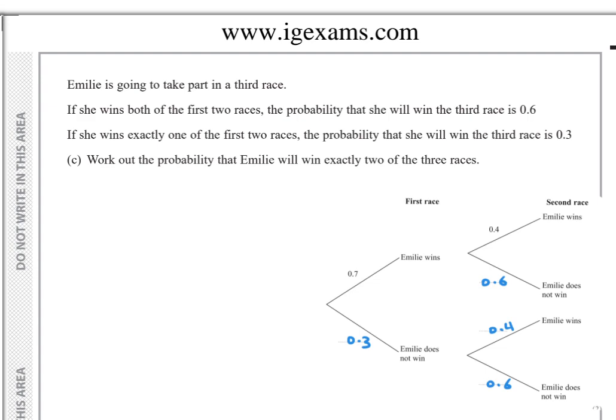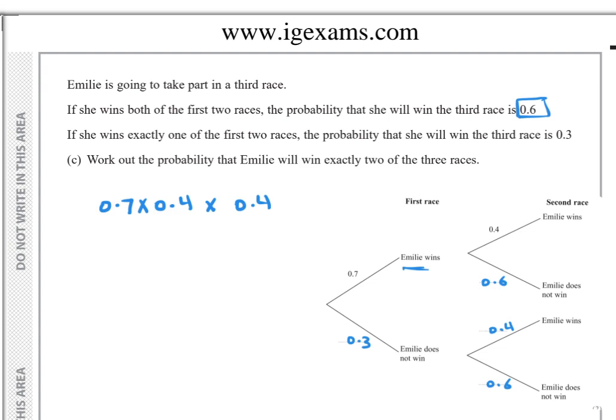To win exactly 2, the first case: wins the first and the second but doesn't win the 3rd one. So this is 0.7 times 0.4 times 0.4, because for the 3rd race the probability to win is 0.6, so the probability to lose is 0.4.